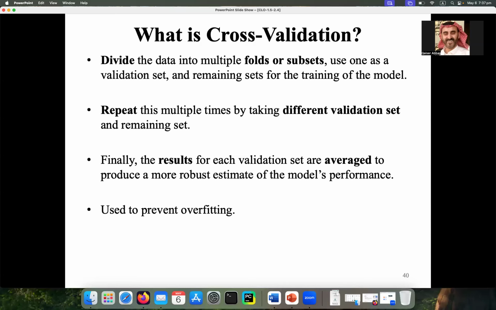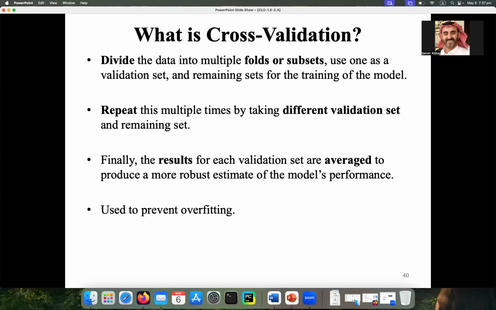The other step you can do is, for the one fold which you have taken as test, you have result 1. Then for the second fold, you have result 2. For the third fold, result 3, and so on, up to the last. Then you just take an average of those results. That result would be more accurate and more authentic compared to some other measures.